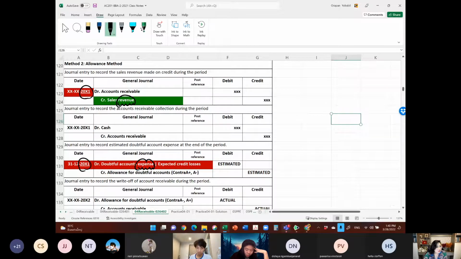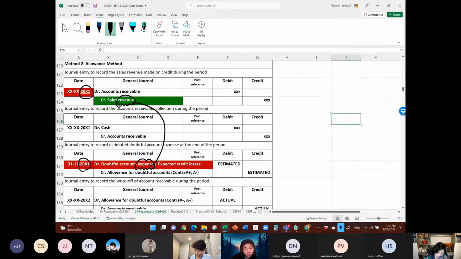Expense and revenue that are related should be recorded in the same year, the same period. Without the revenue, you would not have doubtful account expense. So the doubtful account expense or the credit loss is closely related to the sales revenue, right? So we want to record them in the same period.